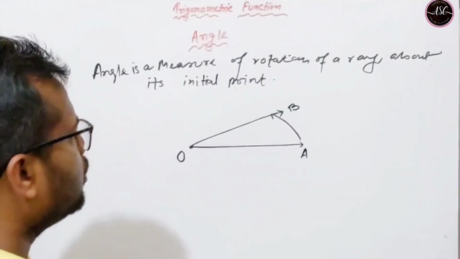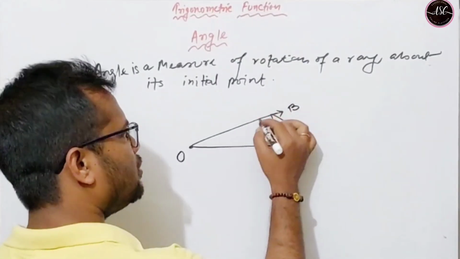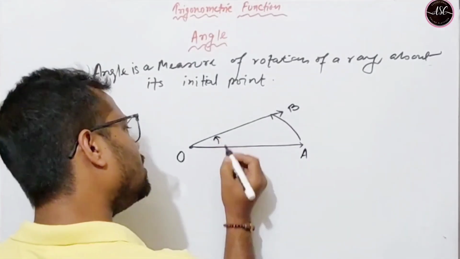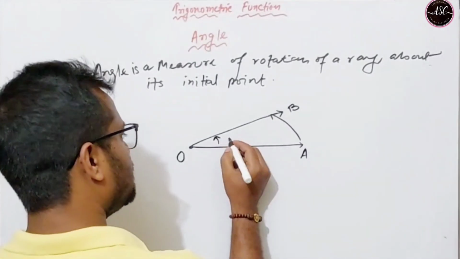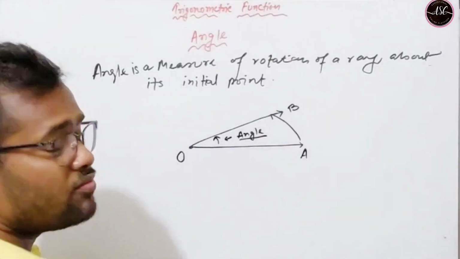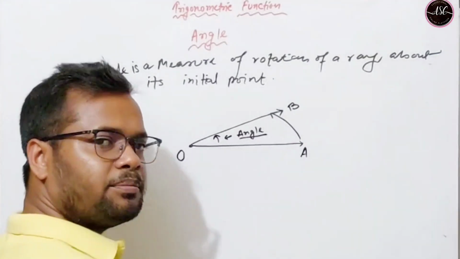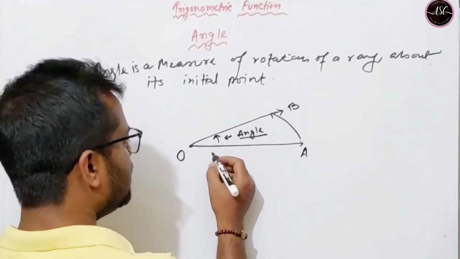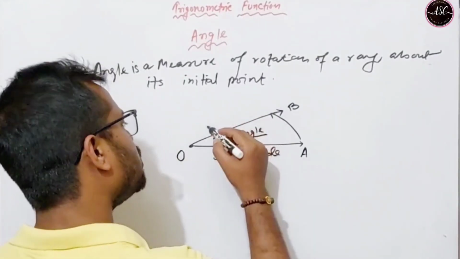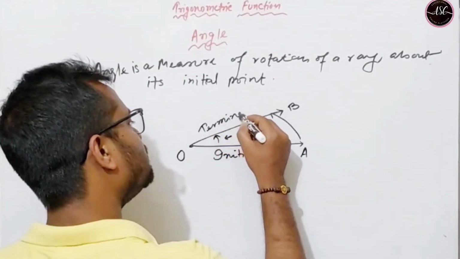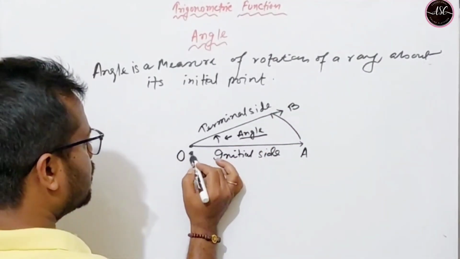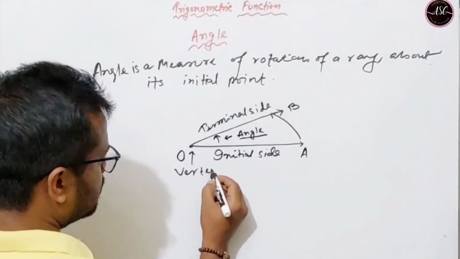So this final position subtends an angle. This is the angle about its initial position. This original ray is called the initial side. And the final position is called the terminal side. And this point O is called the vertex.